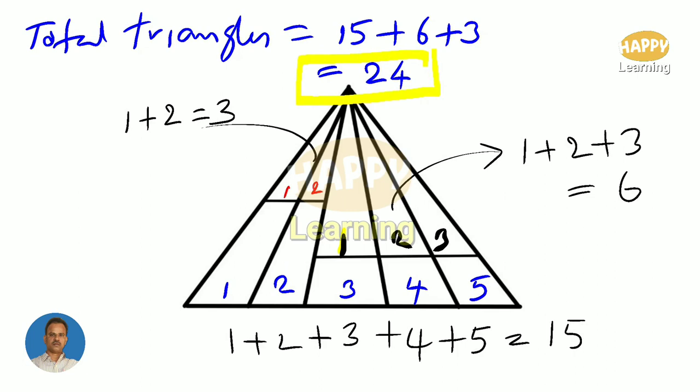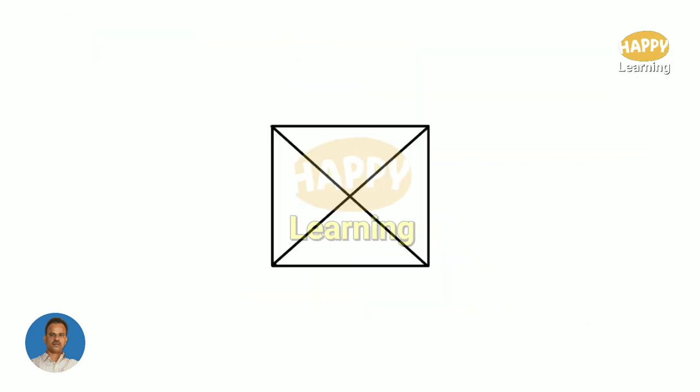Okay, right. Next, this is another model. Here we need to find the total number of triangles. If you count manually, you have got 1, 2, 3, 4 triangles.